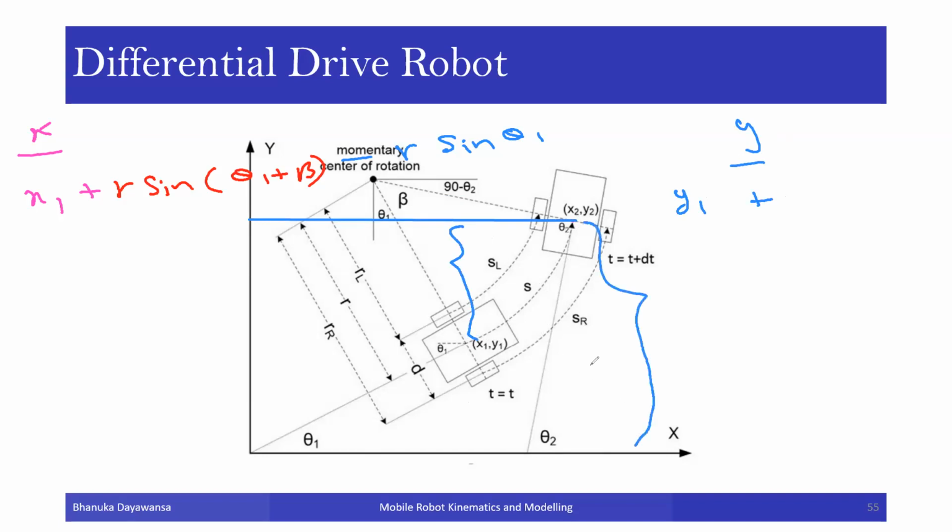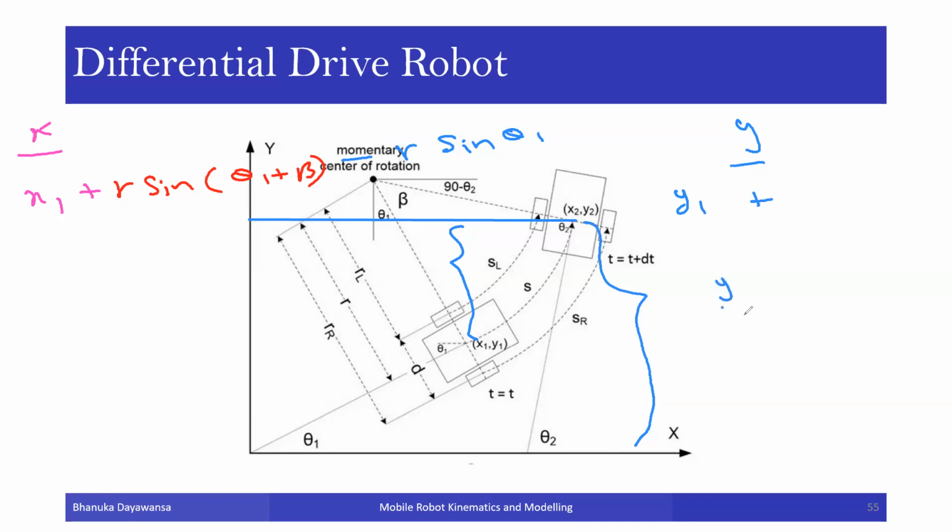Now this is easily sin θ2, right? But since we got the earlier terms in sin, we will get these in cos terms. Because if you want to get the angles between x1 and y1, or the gradient of this, then of course we just have to divide the y direction by the x direction. And when we have the directions in cos and sin terms, we will get the heading, basically the gradient of the robot, in tan, right?